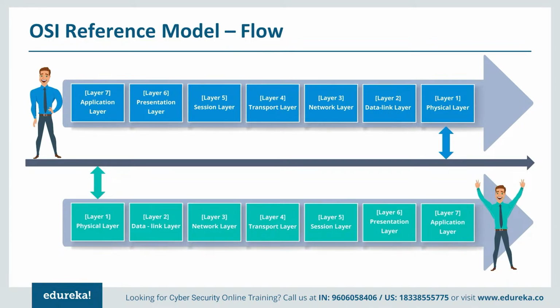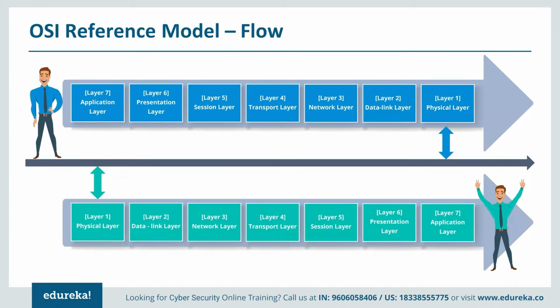So any data which originates from the user will originate from the application layer. It should pass through the 7 layers below, and again it has to move up at the recipient's end. The data origination is only from the application layer, from any end.